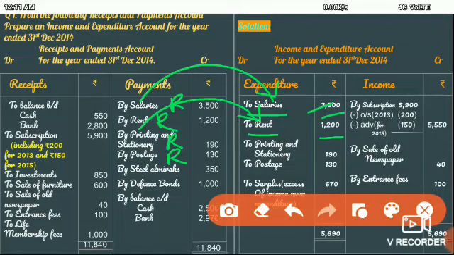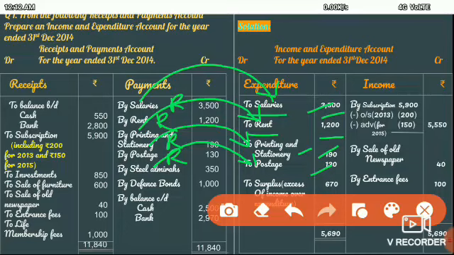Then we have to printing and stationery, and the amount is 190. Then we will take to postage. The amount is 130. So those are the revenue nature expenditure. There are around 4. We will not take the purchase of steel almirahs because it is a capital nature item, and investment in defense bond is also a capital nature item.